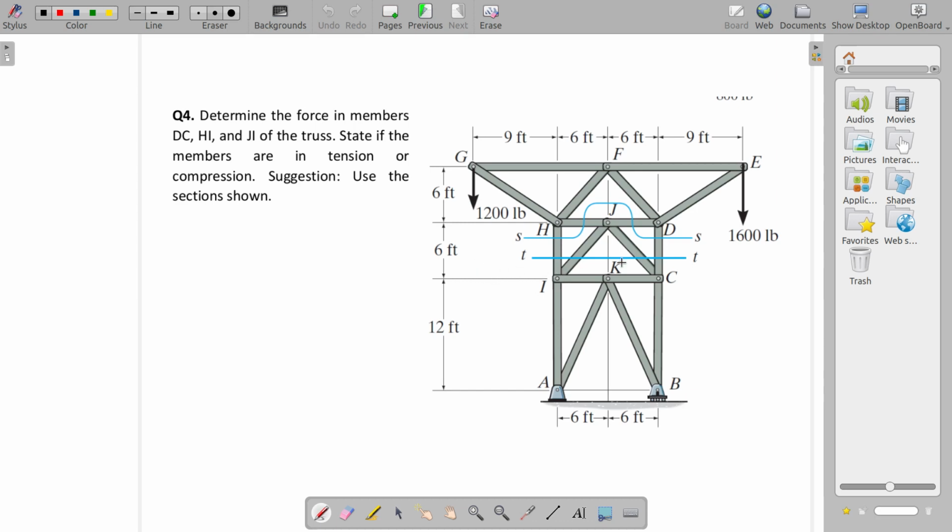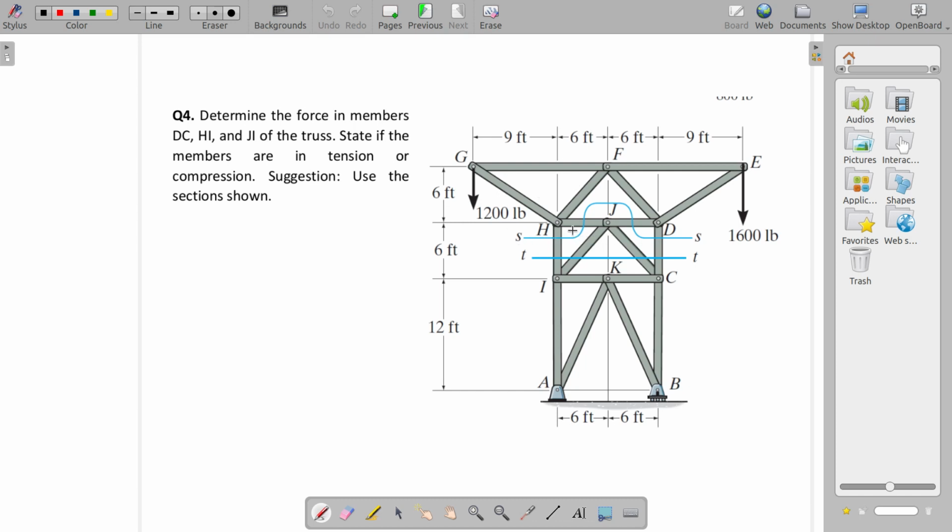If you make a single cut here, TT, then there are 4 unknowns in the upper part, right? 1, 2, 3, 4. 4 unknowns, but we have only 3 equilibrium equations. So 4 unknowns and 3 equations can't be solved in a single step.